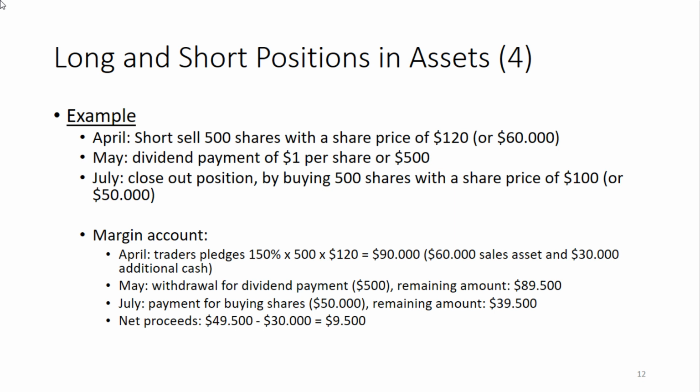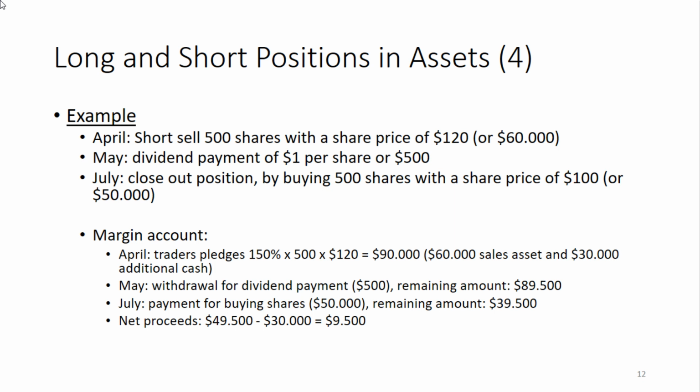And in July, the trader requests to close out the position, so it requests the broker to buy 500 shares in the market. In this scenario, the share price is 100, which means a cash flow of 50,000.